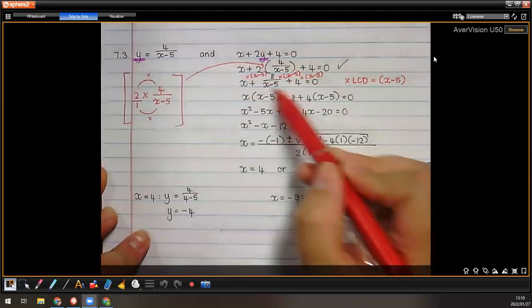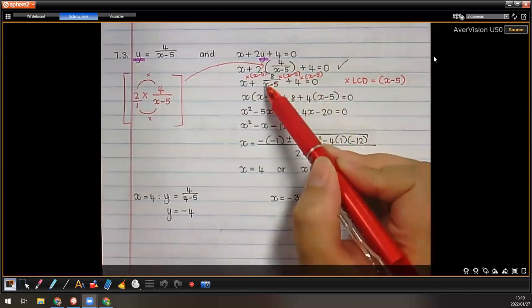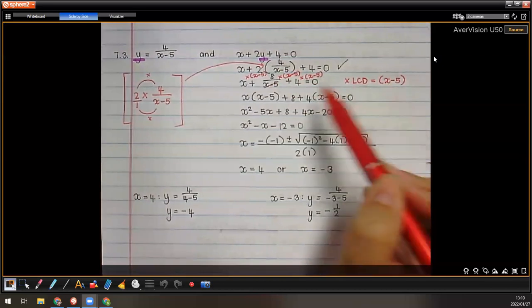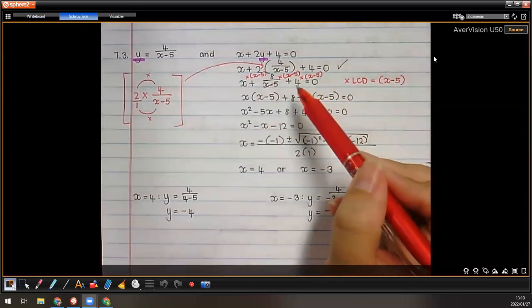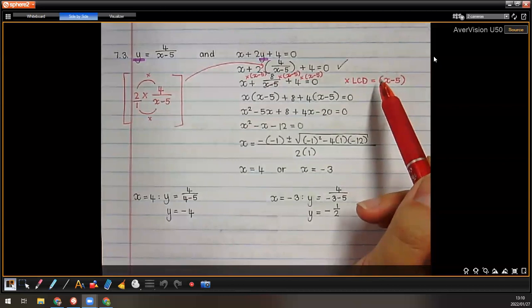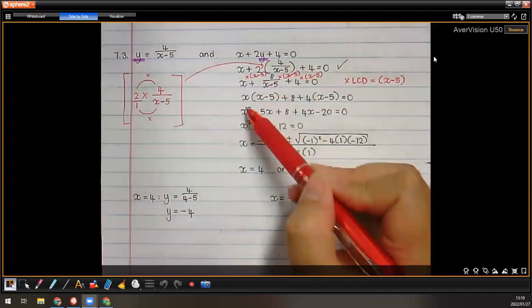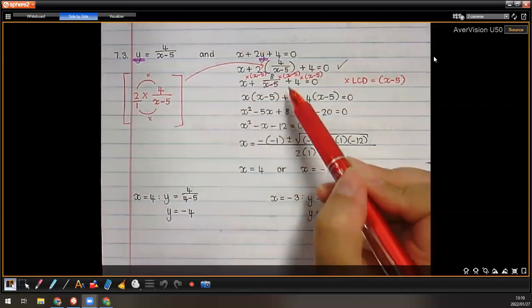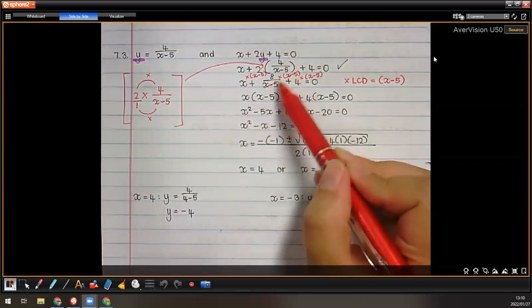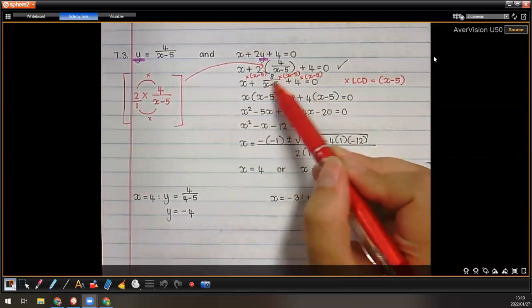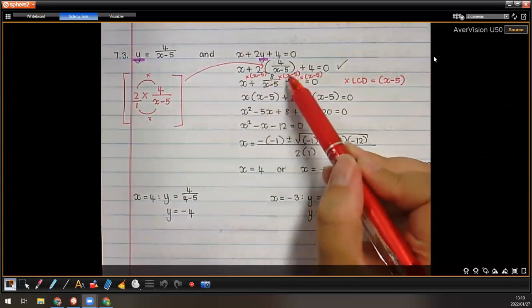Okay, then once we've done that, you would have to times by the LCD, which is x minus 5, because there's just one denominator, right? So I did that 1 times x minus 5, there I wrote it out. For the fraction times x minus 5, the fraction, or the denominator, sorry, is going to cancel out.